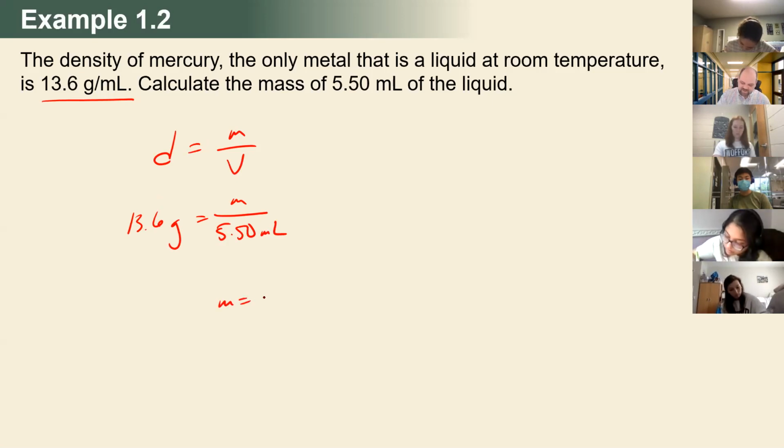I need to come up with a mass. Who's got it? 74.8 grams. There we go. This is just remembering density, remembering your algebra rules, things like that. I just wanted to make sure we're all on the same page with that kind of stuff, okay?